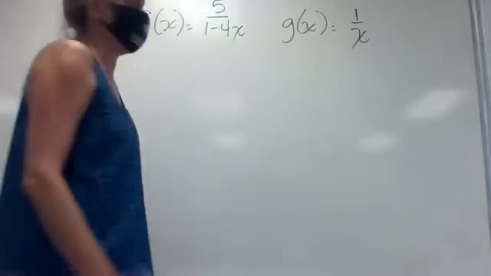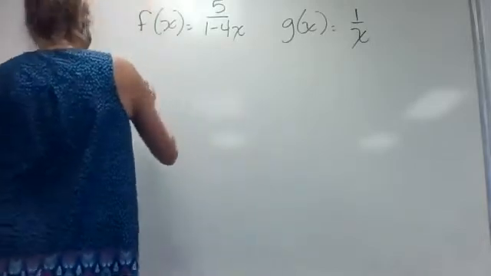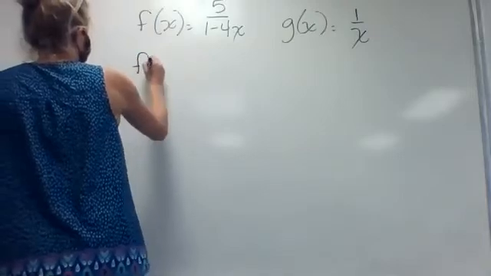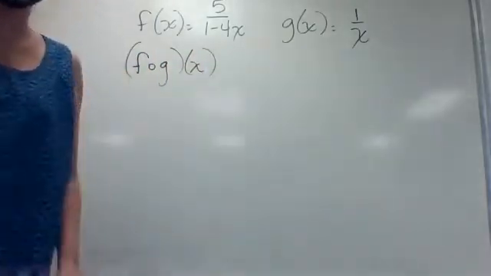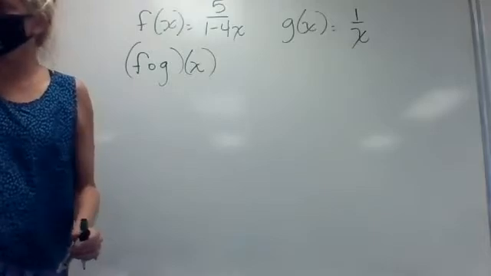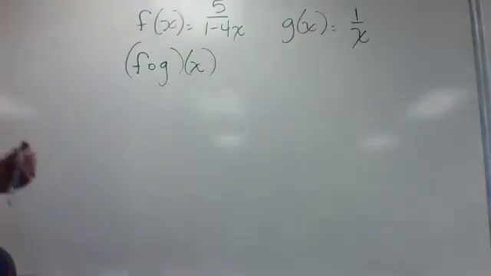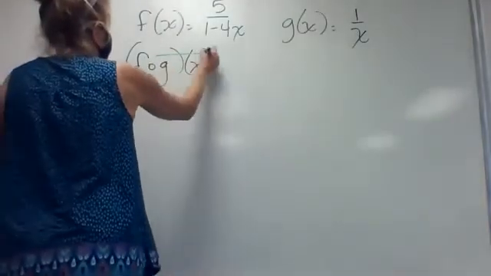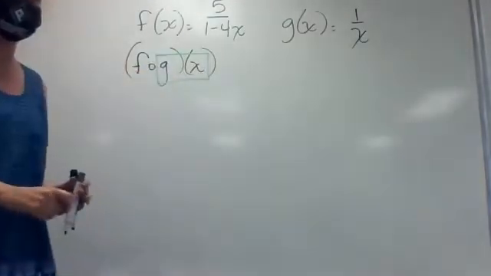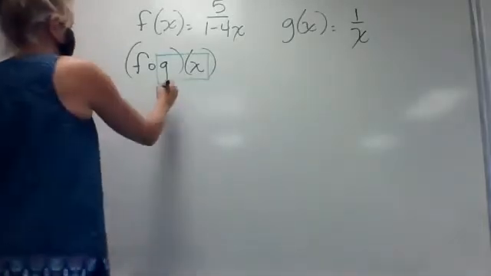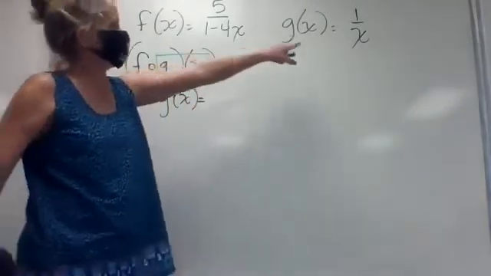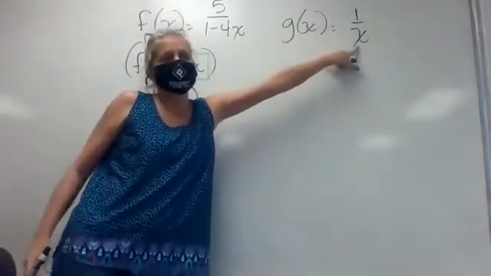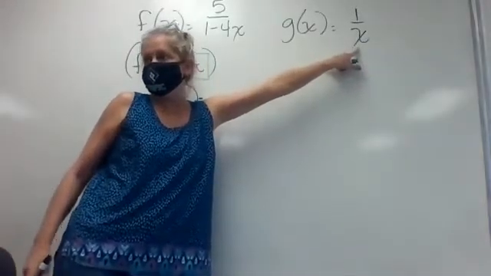First finding, f of g of x. First, g of x. So g of x is 1 over x.